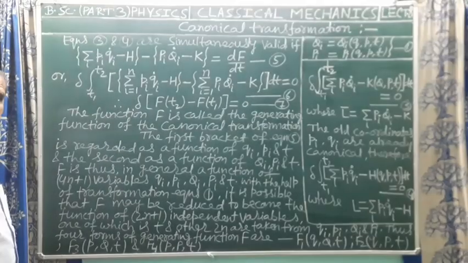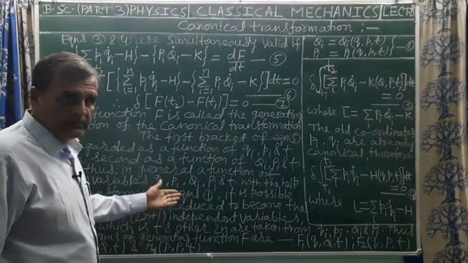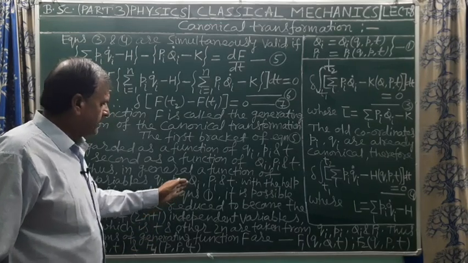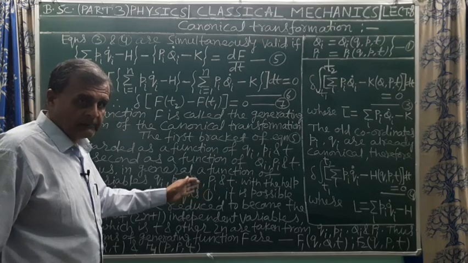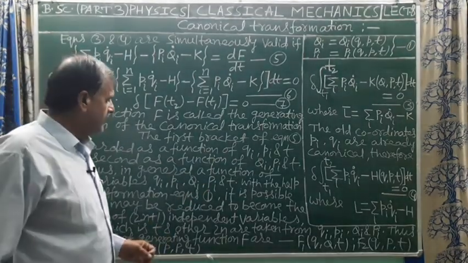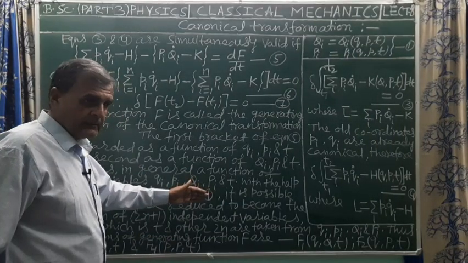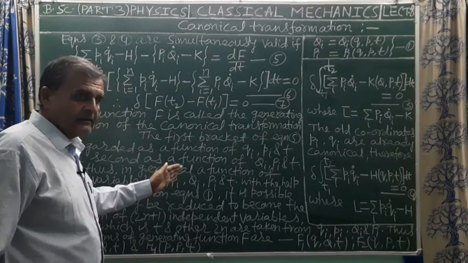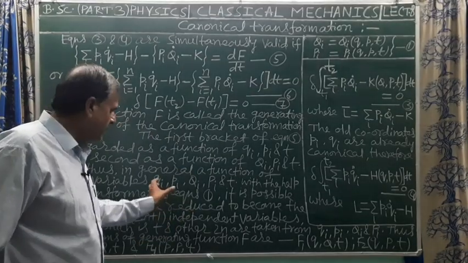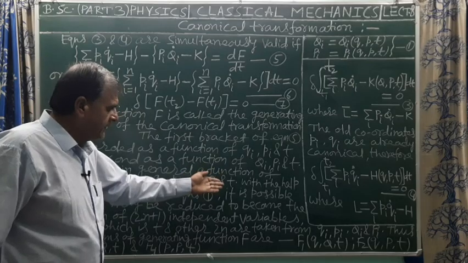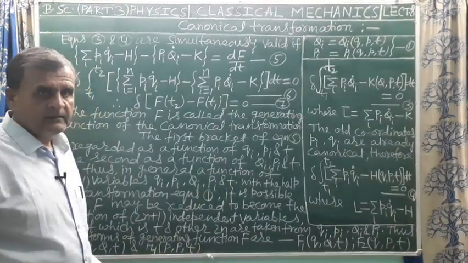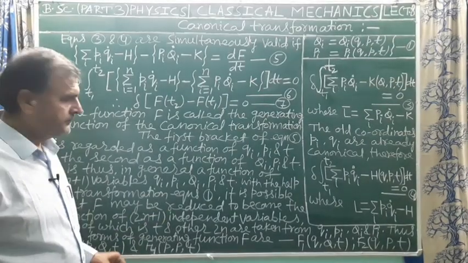That is, 4n variables are a small qi, a small pi in the old coordinate system, and 2n variables capital Qi and capital Pi in the new coordinate system, that is 4n variables, and one is time t.